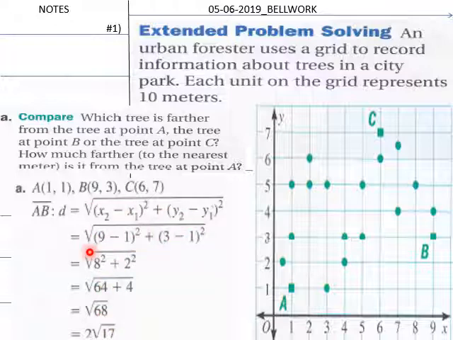The distance for AB is 2 times square root of 17, and the distance to point C was in the previous slide, so it looks like it's further. Teachers, if your students come up with either one of these calculations for which tree is farther from point A, give them the 10-point credit for it.